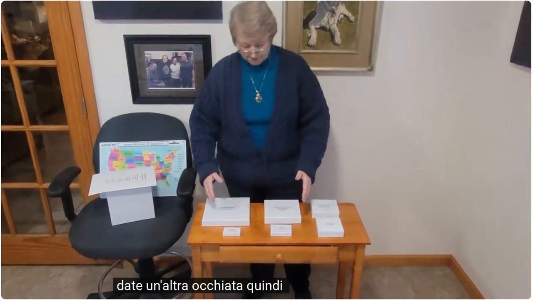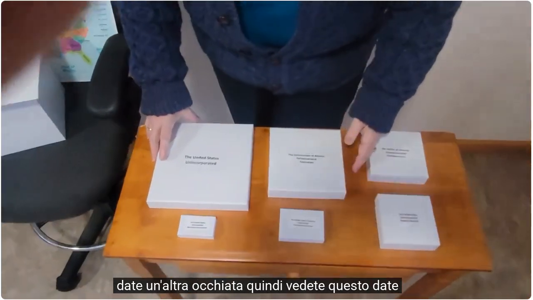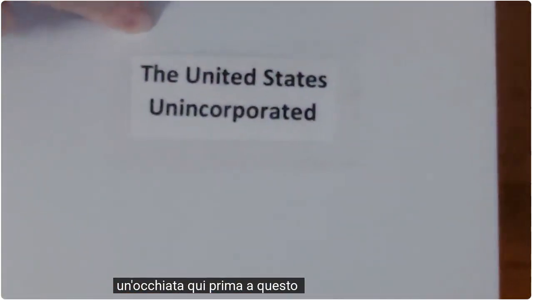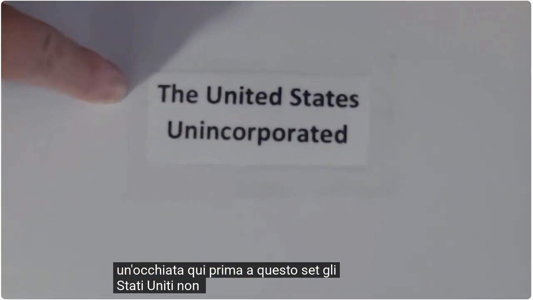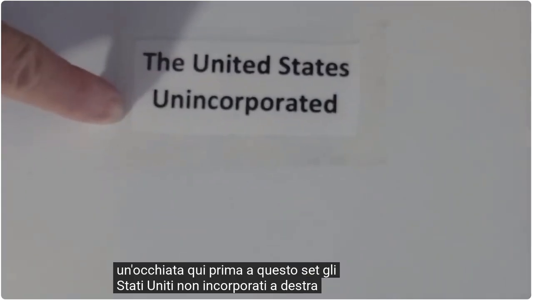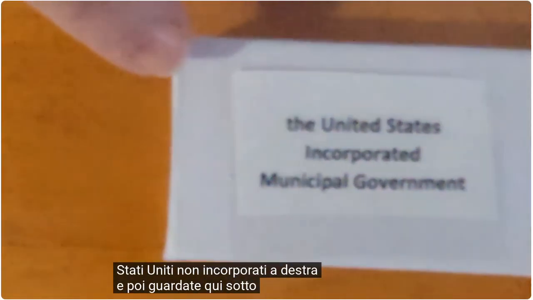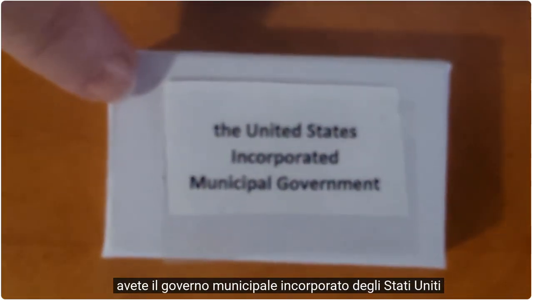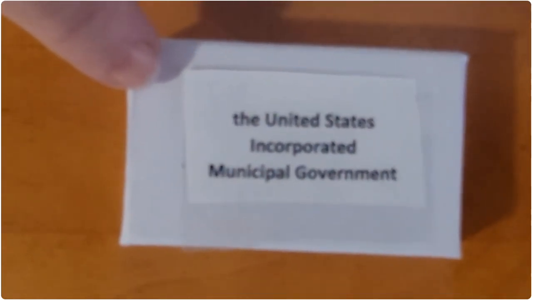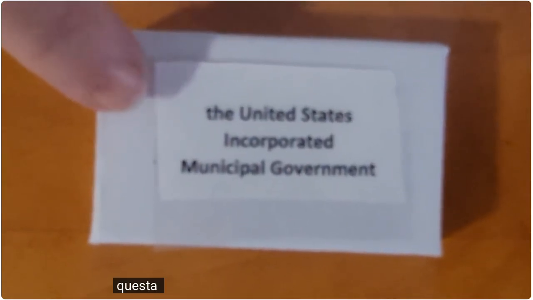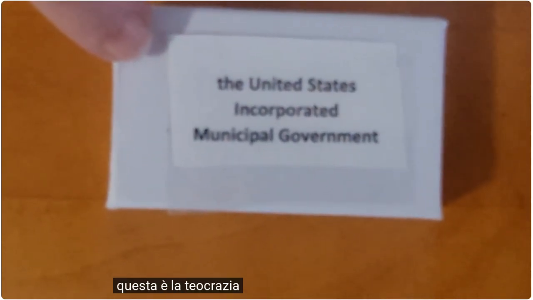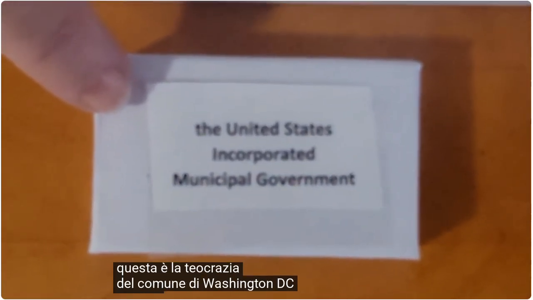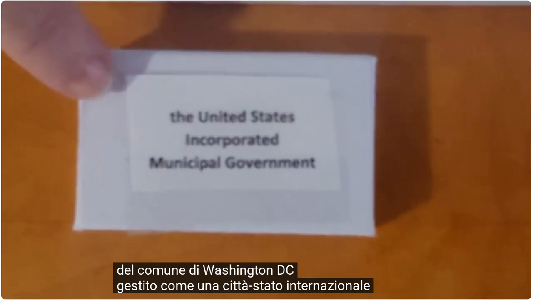Come take a look again so you see this. Take a look here, first at this set, the United States unincorporated, right? And then look down here. You've got the United States incorporated municipal government. This is the theocracy of the municipality of Washington, D.C., operated as an international city-state.